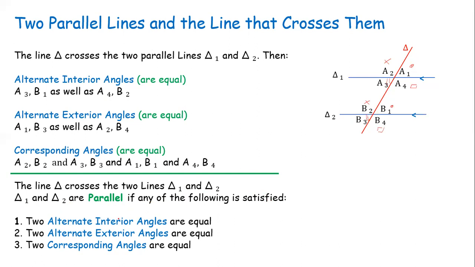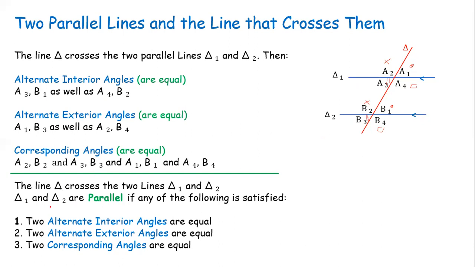Two alternate interior angles are equal. For example, if we could prove that A4 and B2 are equal, or A3 and B1 are equal, we conclude that delta 1 and delta 2 are parallel to each other.